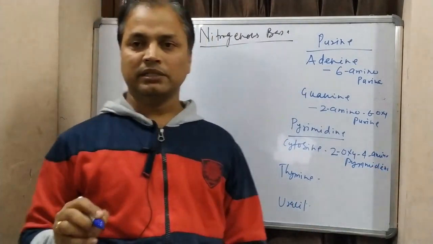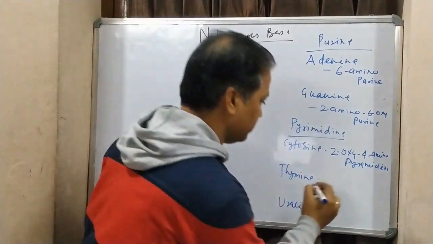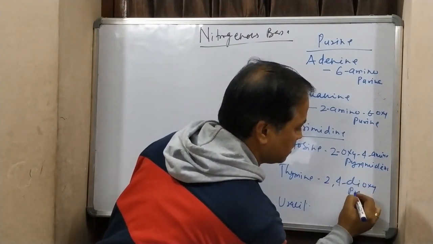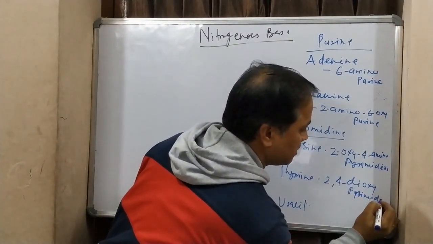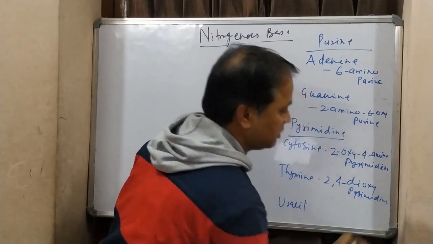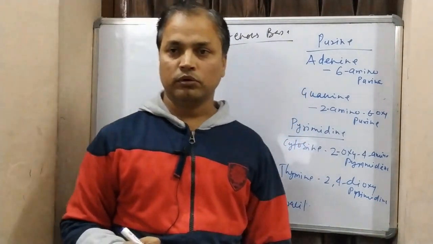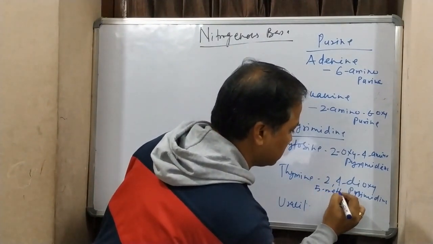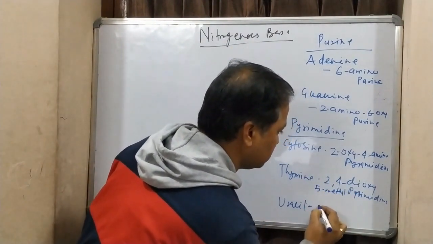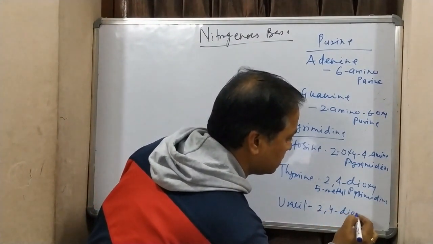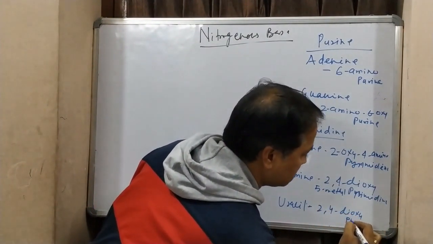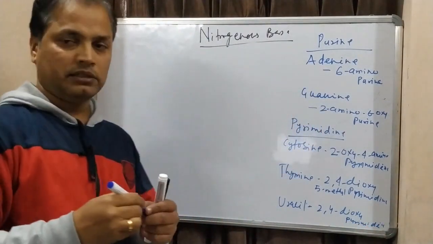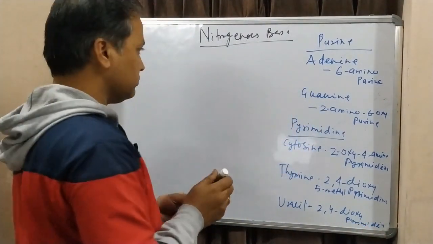The name of thymine is 2,4-dioxy 5-methylpyrimidine. Uracil is 2,4-dioxypyrimidine. Now we'll write the structures one by one.